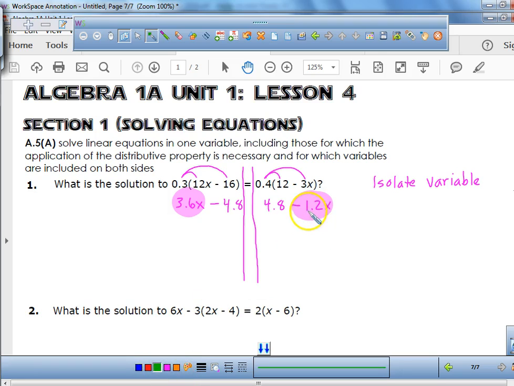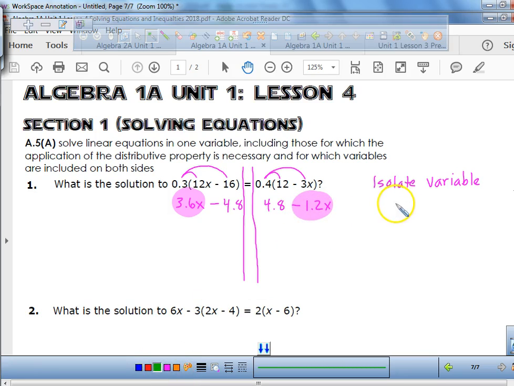So how do I get rid of a negative 1.2x? What am I going to add to both sides? I'm going to add 1.2x to both sides. So here's what I want you to do. You add 1.2x to this side, and add 1.2x to the other side.